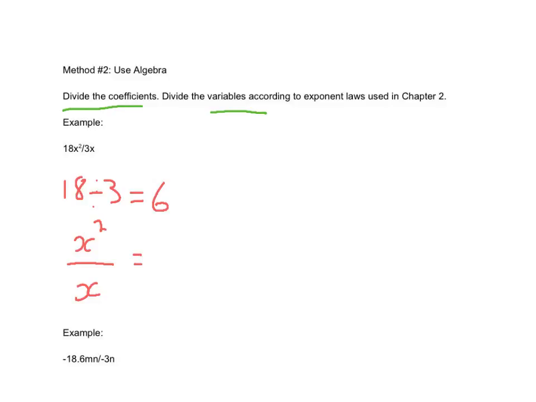So we have a 2 as an exponent on the top. There's a little unwritten 1 on the denominator, so we have 2 minus 1, or just 1 left. So very simply our answer is 6x. Divide coefficients, divide variables, you're left with 6x.